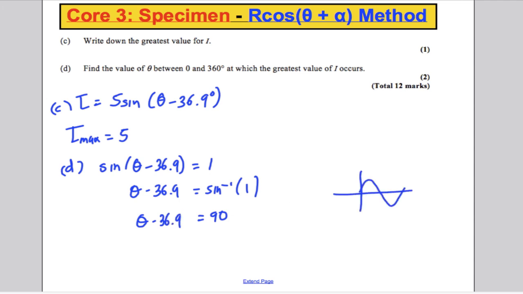The sine graph looks like that. One value is 90 here. There are no other values in the range. So therefore, theta is 90 plus 36.9, so theta is equal to 126.9 degrees, and we are done there.